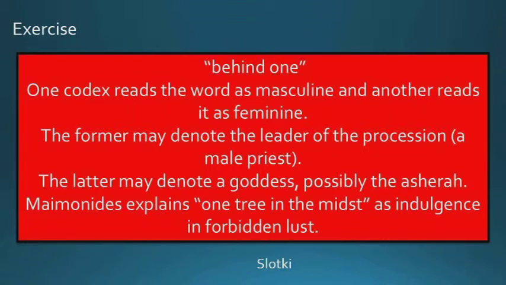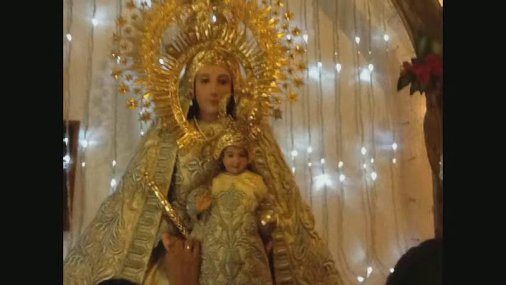And he says that behind one, now one particular codex reads that the word is as a masculine word, and another one reads it as a feminine word. The former could denote that the leader of the procession is a male priest, and I think of this as the Pope.